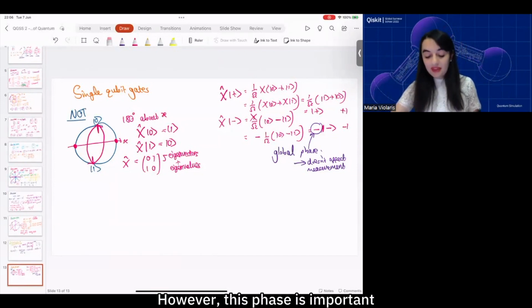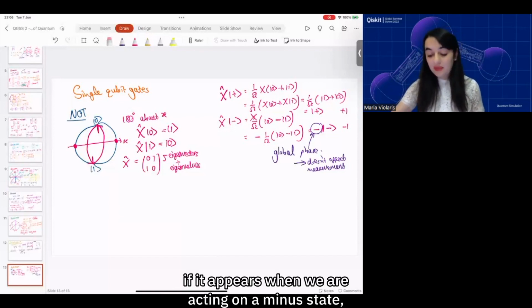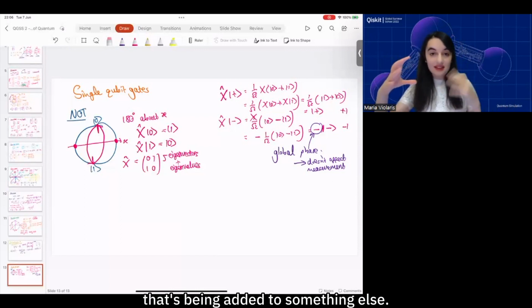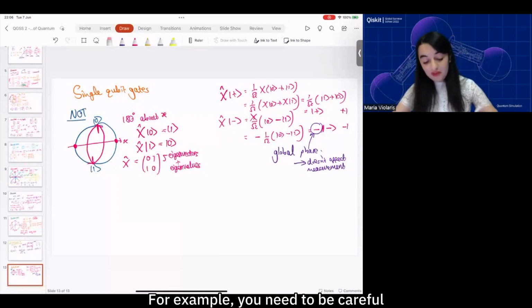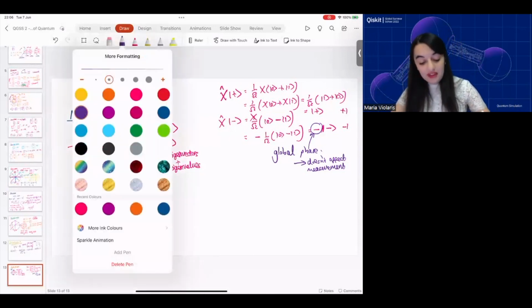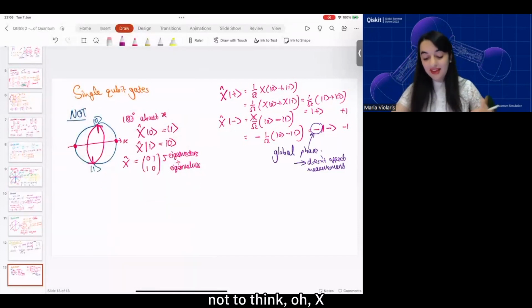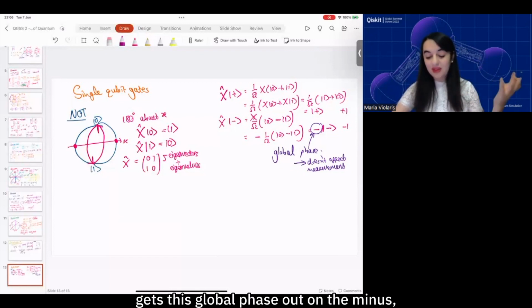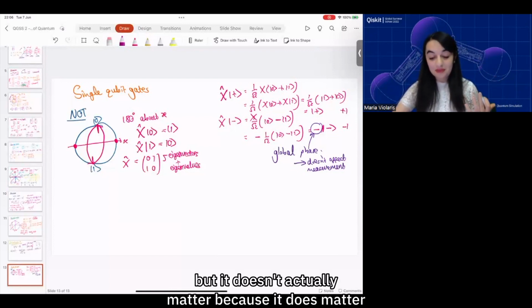However, this phase is important if it appears when we are acting on a minus state that's being added to something else. For example, you need to be careful not to think, oh, X gets this global phase out on the minus, but it doesn't actually matter.